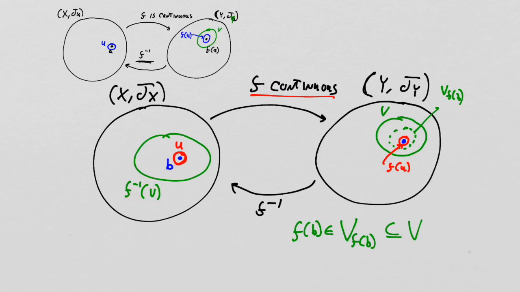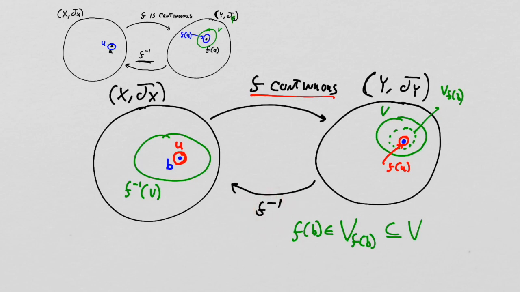Therefore, f inverse of V must be open. That's the kind of topological logic where we use continuity by the definition of continuity, and we use the fact that open sets are equal to their interiors. You've got to remember all of these crazy definitions to keep track of how these proofs work. But there you have it. So that is our proof.